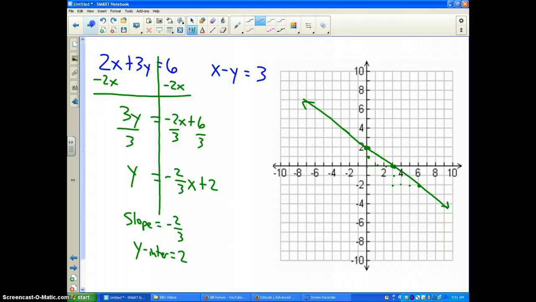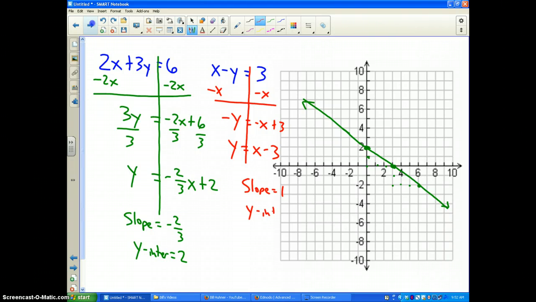but something like that. Second equation, I minus x from both sides. Now I get negative y equals negative x plus 3. Now I divide by negative 1, change all the signs, I get y equals x minus 3. So therefore I get a slope of 1 and a y-intercept equal to negative 3.